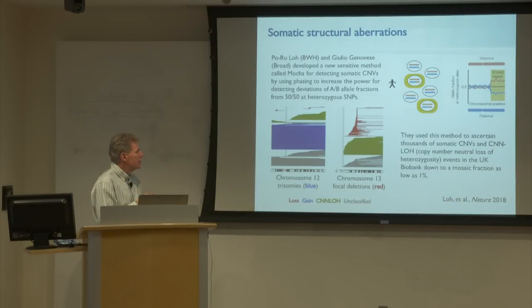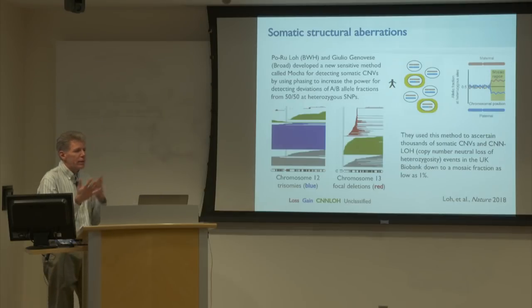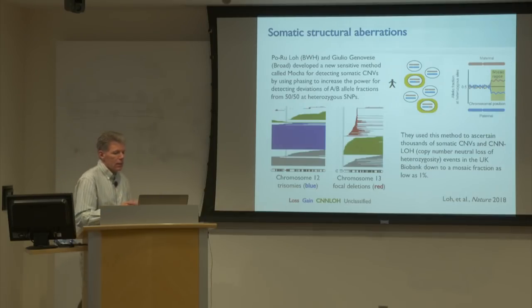They did an analysis of this in the UK Biobank that was published last year, and they found thousands of these clonal events, and they were even able to show, in several cases, germline variants that were conferring predisposition to this kind of clonal somatic mutation. So this is like a different kind of structural variation that's happening within our bodies that may have a lot of importance for certain phenotypes.